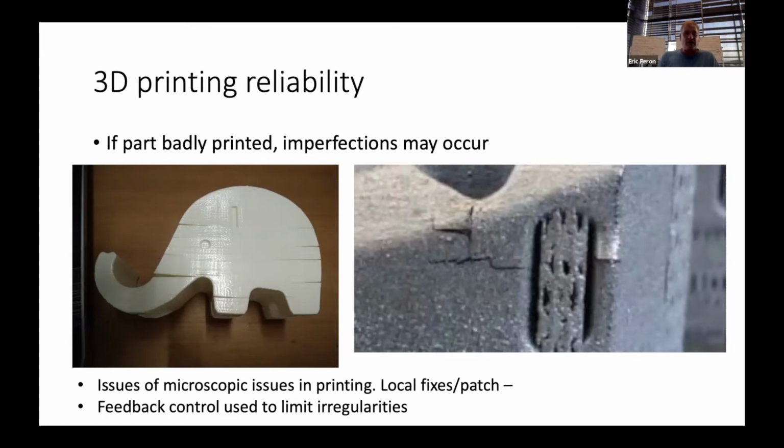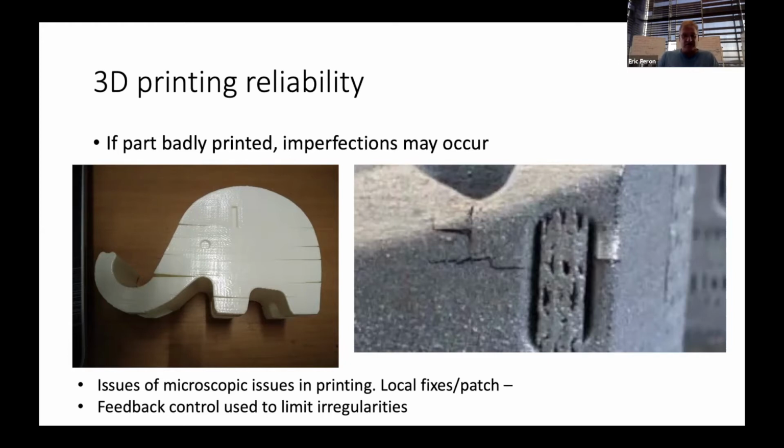Here, unreliability of a printed part can come with various grades of severity. In one case, the printed part may delaminate and then become very unreliable, maybe break.